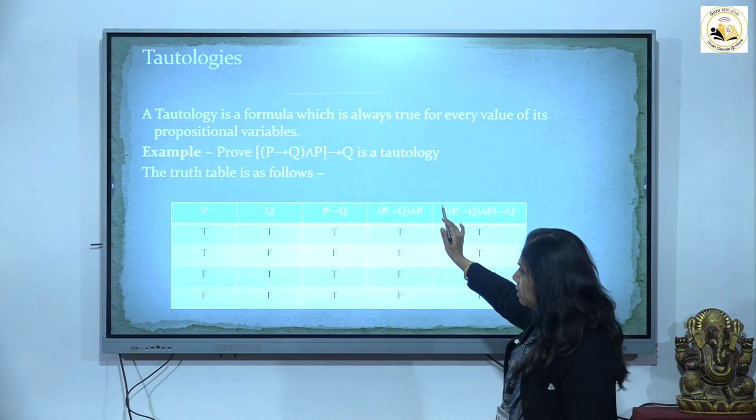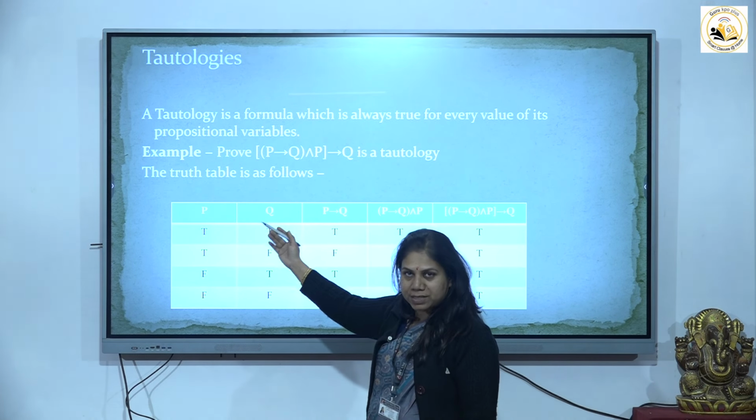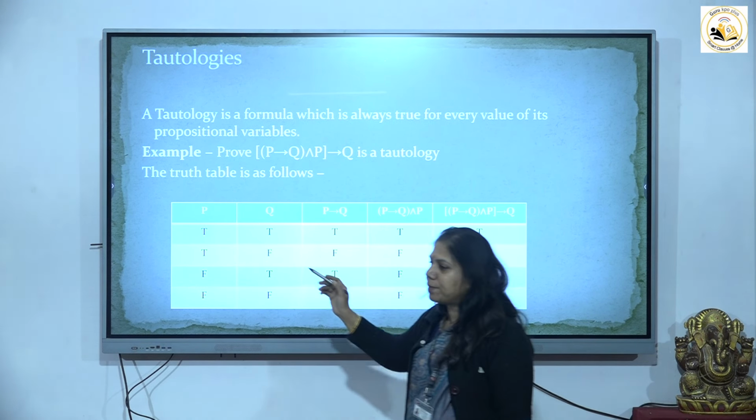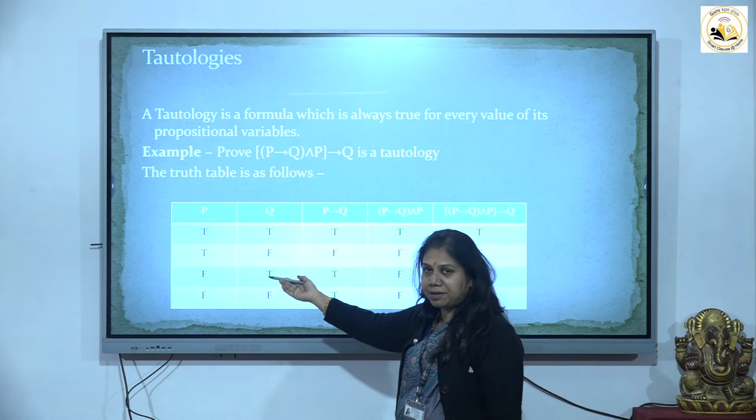So, for this I take P and Q two statements. As we know, we have 4 combinations of their results, which is here.